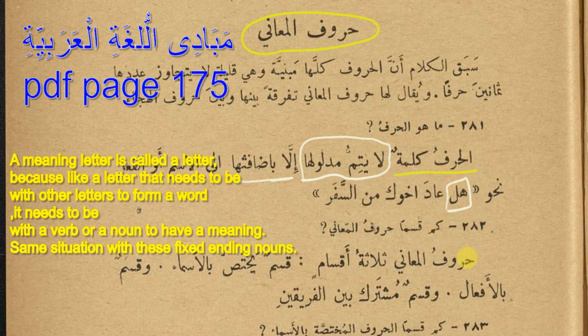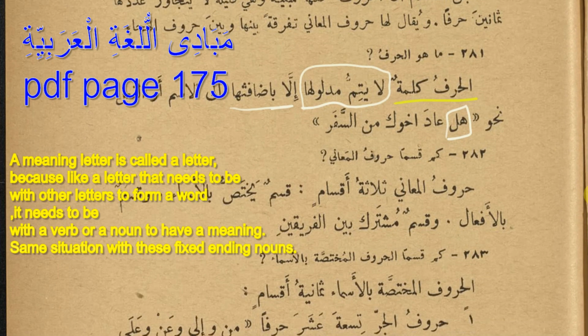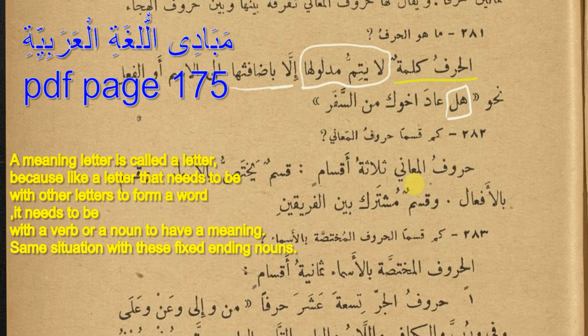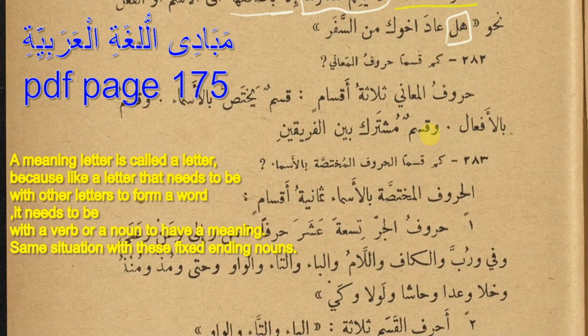So this is what's meant by meaning letters when the grammarians give that name to a part of a sentence. Some of these meaning letters you will only see with nouns, so they're always connected to nouns, and some are only connected to verbs, and some connect to both verbs and nouns, and then they go into discussion of these.